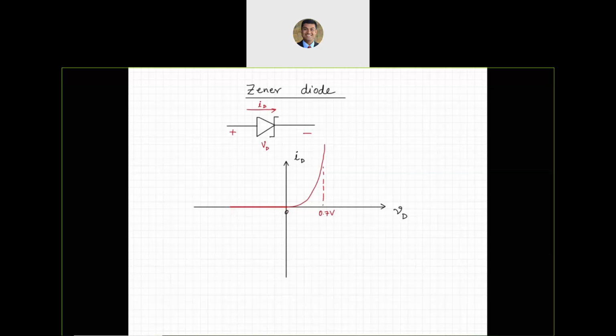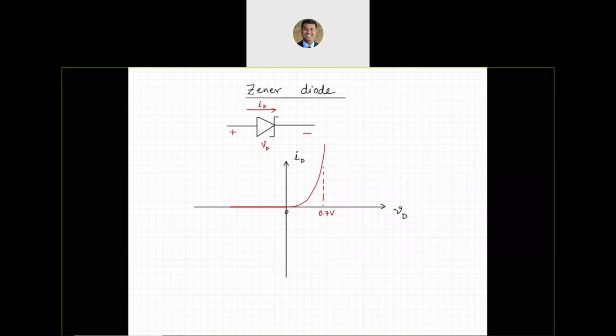For the normal diode, the breakdown happens around negative 100 volts, or it might be even lower than that. So you have to go way far into the negative voltages to get it to break down. But for a Zener diode, because it is doped appropriately to break down at a much earlier voltage, the breakdown will happen around a value which is convenient for a particular application.